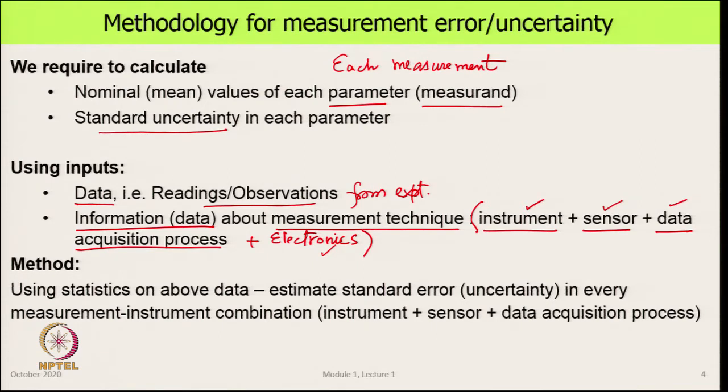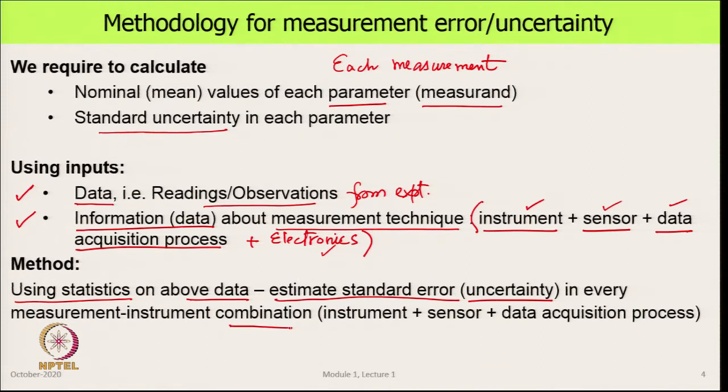So, those are the two pieces of information we have, and the methodology for doing that is that we go back to using statistics on these above two pieces of information, and using various relations we estimate the standard error and the standard uncertainty in every measurement instrument combination.